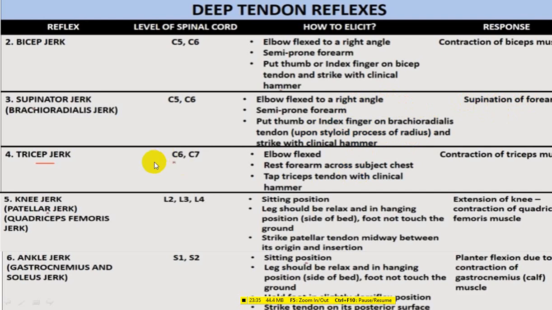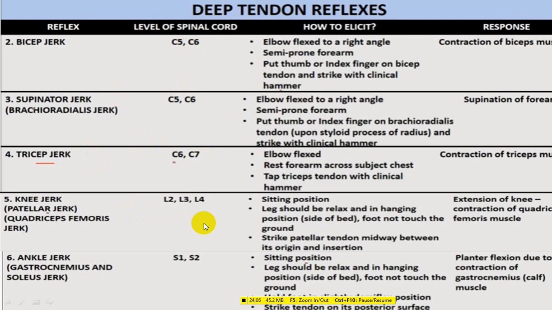In triceps, you put the same position, but now on the extensor surface above the olecranon process. The elbow is flexed, raise the forearm across the subject's chest and tap the triceps tendon with the clinical hammer. You will get extension at the elbow and contraction of the triceps muscle. Root value of biceps and supinator is 5-6, while triceps is 6-7.